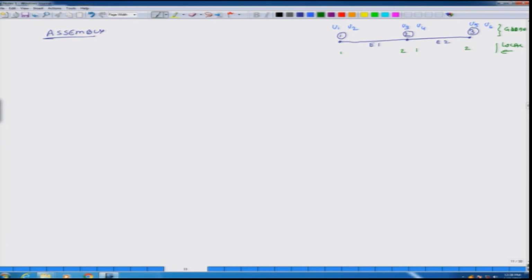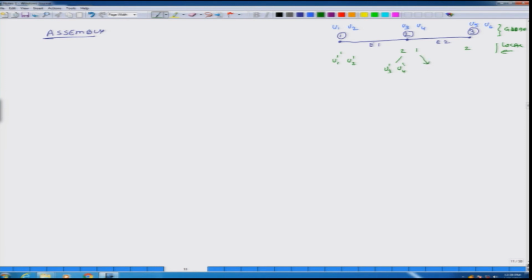So, these are the node numbers and the associated degrees of freedom. For the first node of element 1, I have u1 1 and u2 1. Associated with the next node, I have u3 1 and u4 1, right.